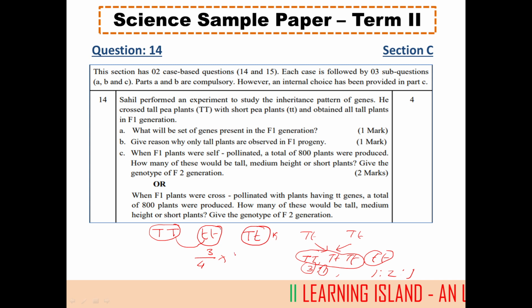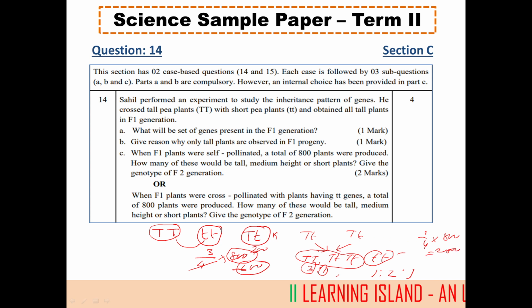If I multiply this by 800, because the total plants are 800, the fraction of tall plants is 3 by 4, and dividing 800 by 4 gives 200. So a total of 600 plants will be tall, and the short fraction is 1 by 4, so 200 plants will be short.